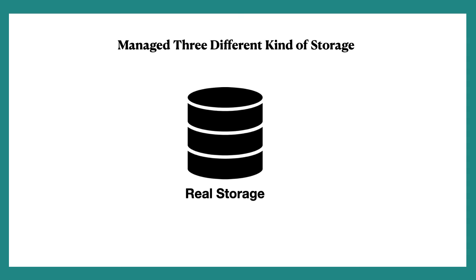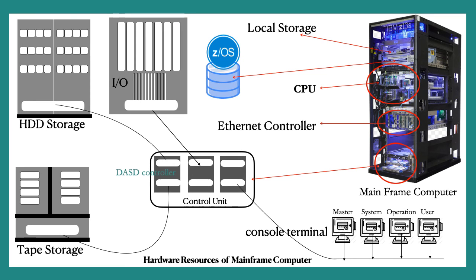This is called processor storage, real storage, or central storage because it resides in the mainframe computer itself. As we can see in the diagram here, the local storage wherein you install z/OS is what we call the real storage, or physical storage.